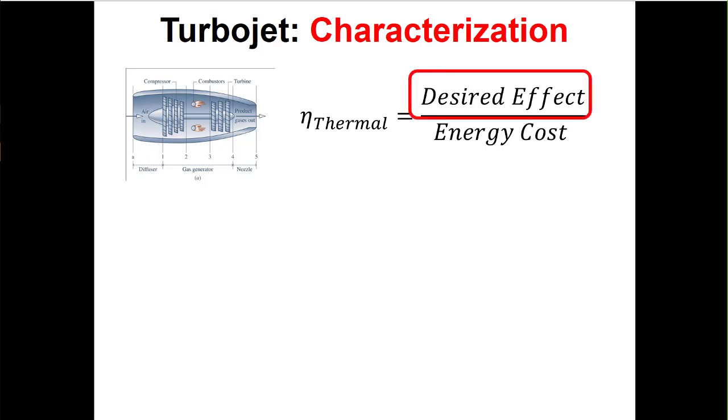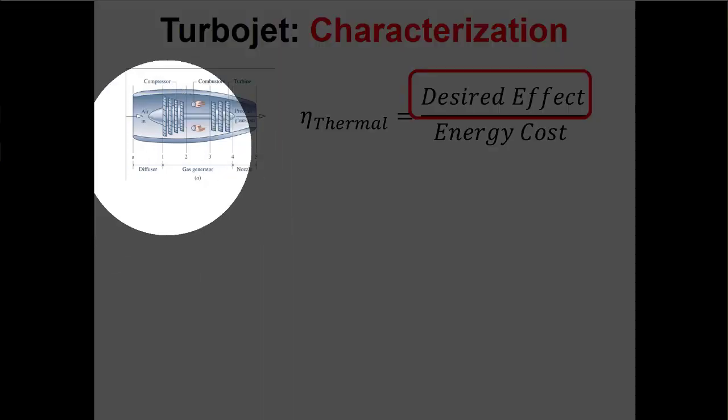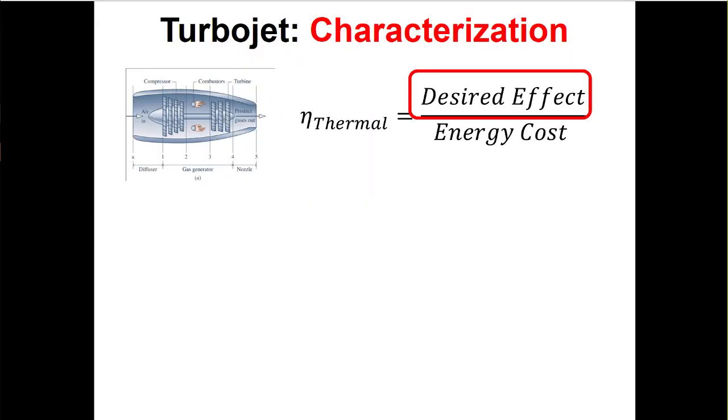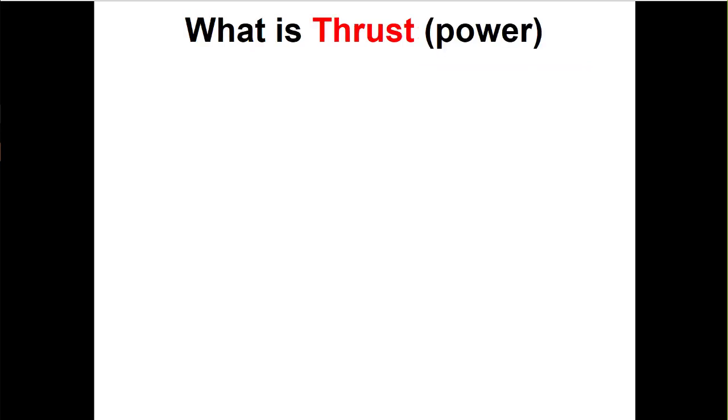So on the top, we still want a power, but it's not mechanical power. It's not going to be the power of this spinning shaft. Instead, it's going to be the power of the thrust. So how do we go from thrust force to thrust power? Thrust power must be in kilowatts.